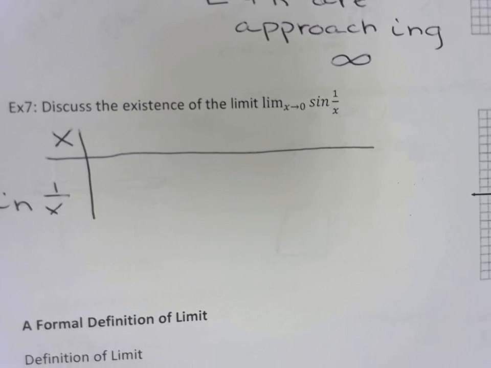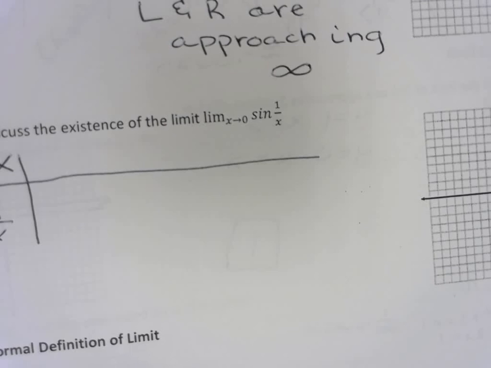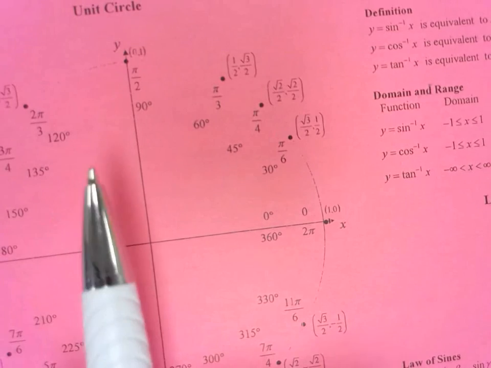So let's check. What I know is that if I look at my unit circle, I know sine of pi over 2. If I'm thinking of easy ones on the unit circle, sine of pi over 2, so if you have your pink sheet out. As I look at my unit circle, I can do pi over 2 pretty easily.